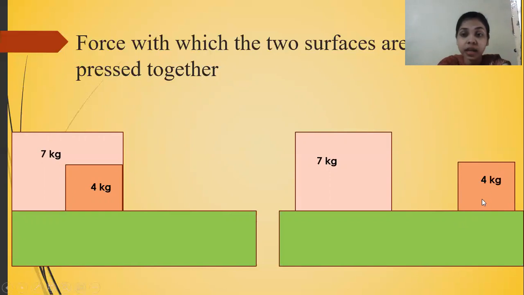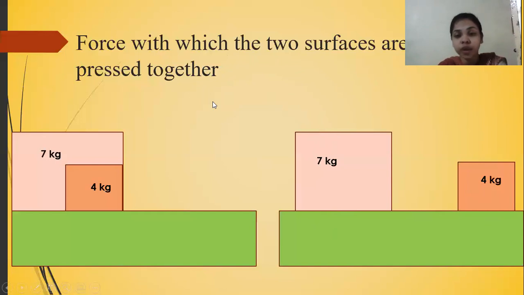Okay, and they interlock less, and hence the chances of interlocking are less, and the force of friction is also less. And hence, if the force of friction is less, then the object easily moves forward. Okay, so another factor affecting the friction is how the objects are pressed together, means the force with which the two surfaces are pressed together, how much force is applied by this object and this surface on each other. This is the another factor.